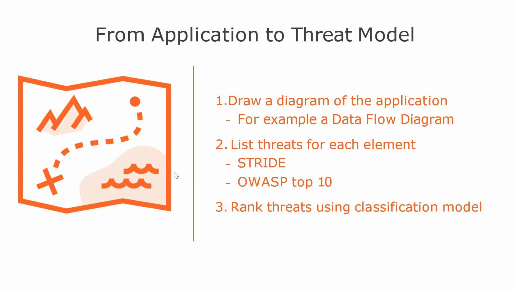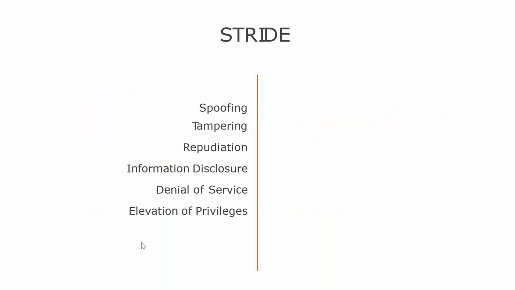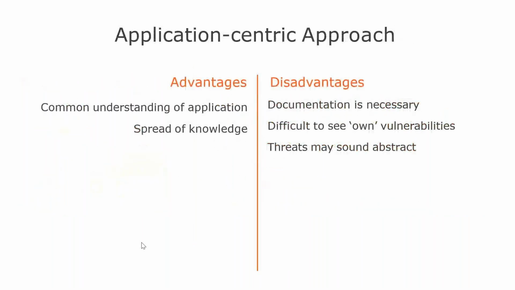So for application centric, STRIDE is one of the best ways, and for each listing you can get the OWASP Top 10 from the internet too. Advantages: a common understanding of the application and spread of knowledge. Disadvantages: documents are necessary, it's difficult to see your own vulnerabilities, and threats may sound abstract.